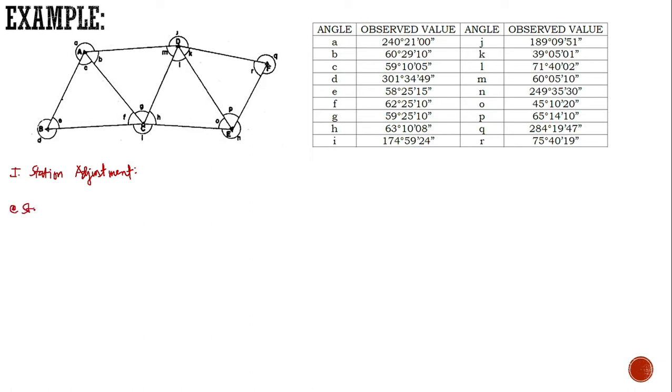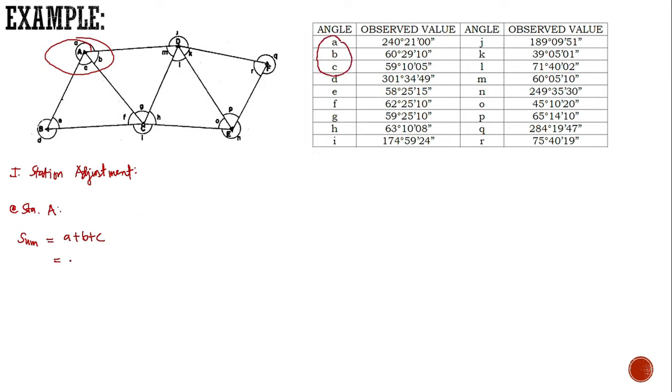At station A, we have angles A, B, and C. So the sum of the angles at station A, we have the values of these angles here.